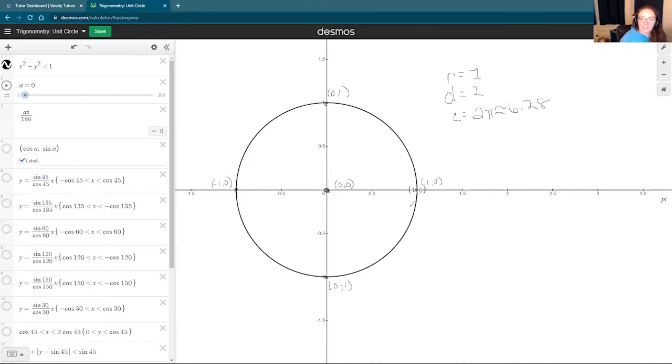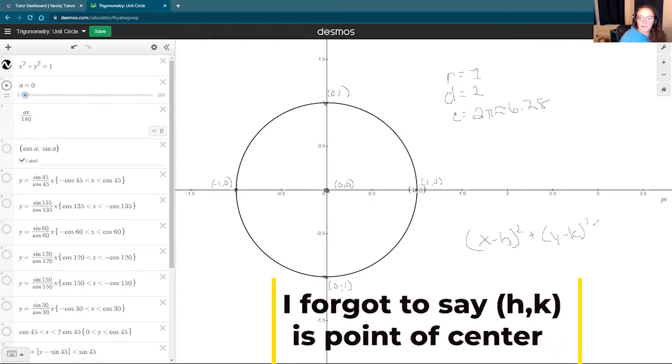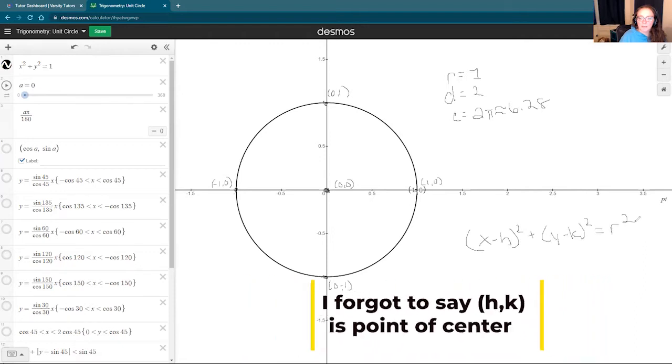So the unit circle means we have a radius that is 1 unit. A unit is the same thing as like one thing. That's what a unit is. So I know you were asking about the equation of the circle. This is what it is. It's going to be x minus h squared plus y minus k squared is equal to radius squared.